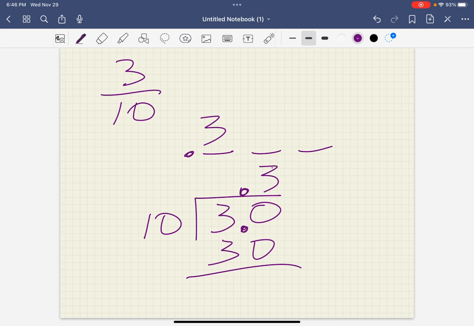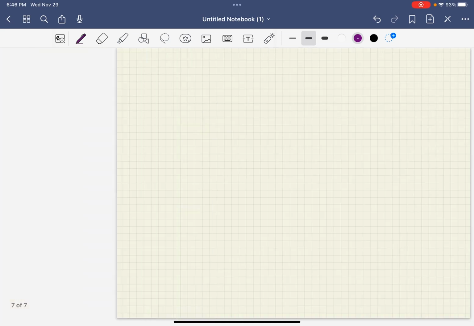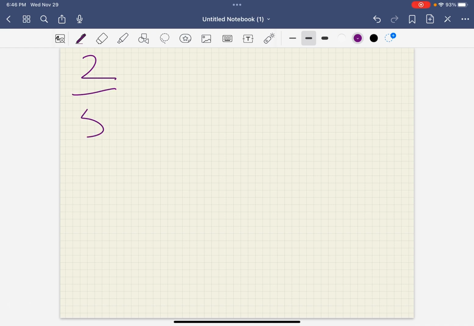2/5. Okay, so in the decimal system, that's 10, that's 100, tenths, hundredths, thousandths. So there is a way that we can multiply something to turn this into a decimal value. 5 times 2 is 10, right?